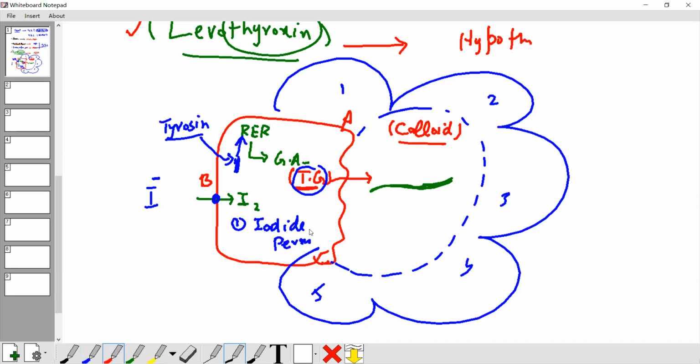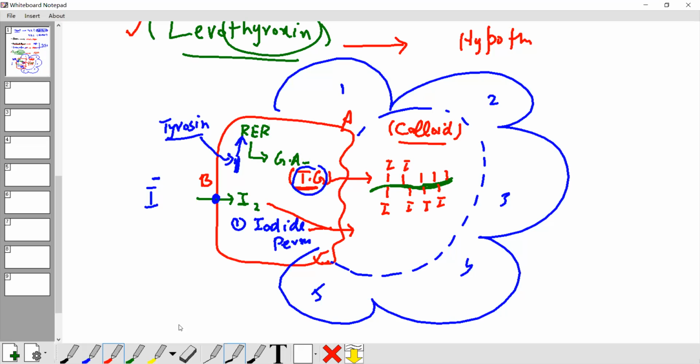Then the iodine, after peroxidation, is transferred here, and now this iodine attaches to this protein. Iodine attaches here, here, here, like this.